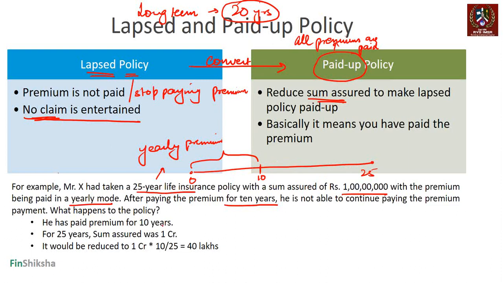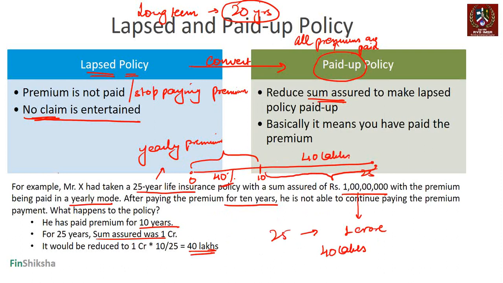So what do you do? You've paid the premium for 10 years. For 25 years, the sum assured was 1 crore. You could say I have paid for 40% of the time. So why don't we reduce the sum assured to 40 lakhs? If something were to happen to me during this period, 10 to 25 years, the sum assured falls to 40 lakhs, because you've already paid 40% of your requisite premiums.